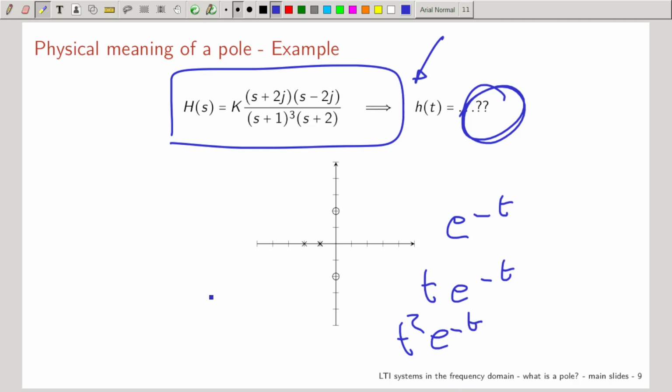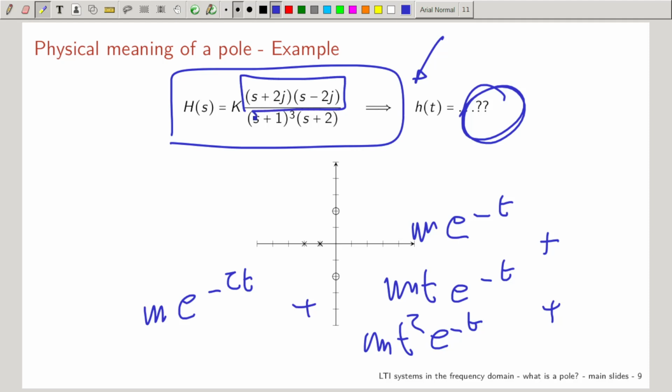And then something plus something plus something plus something. True? We do not know the numerator. We would have to expand and do the partial fraction decomposition, which, in time, we would do.